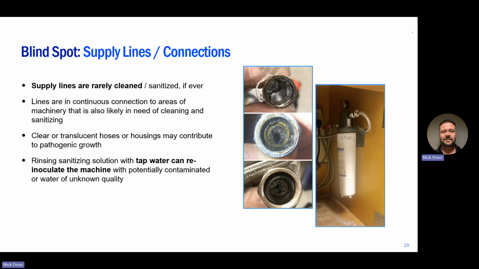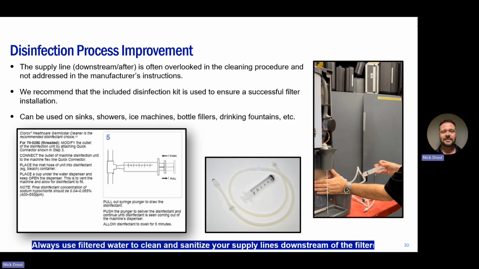That's really the theme of ASHRAE 514. Look beyond the obvious and identify hidden risks throughout the entire water journey. We talked about biofilm, supply lines, ice machines, hidden contamination points. One of the questions that normally follows is, how do we address the portions of the system downstream of the filter?